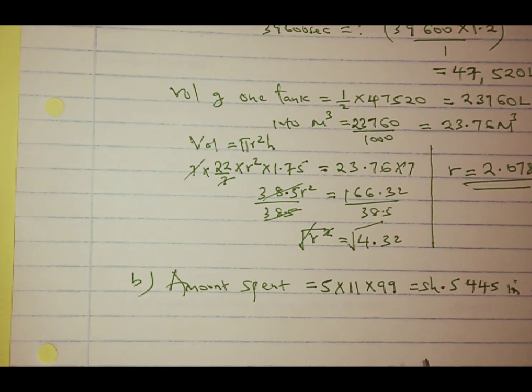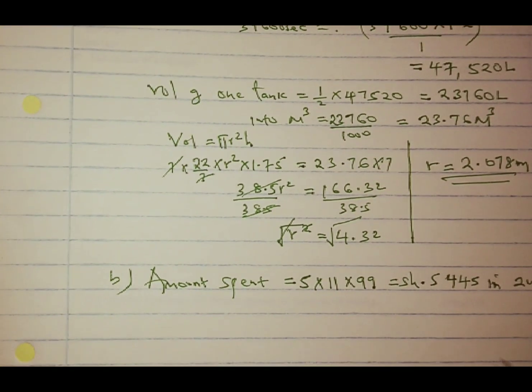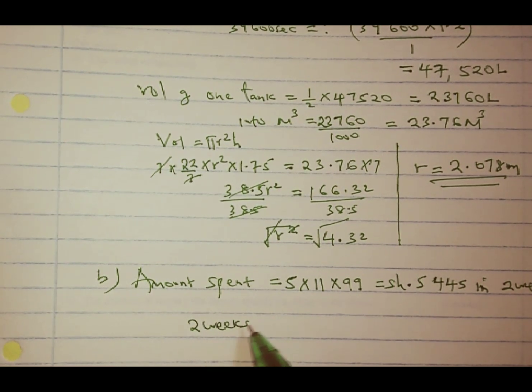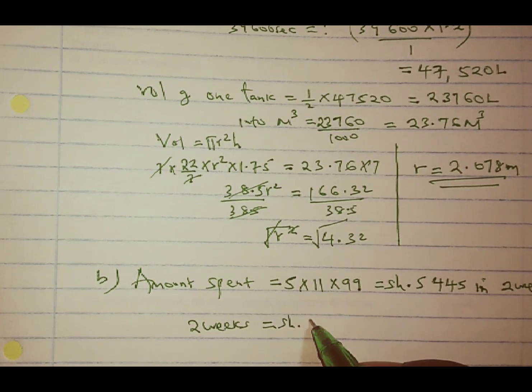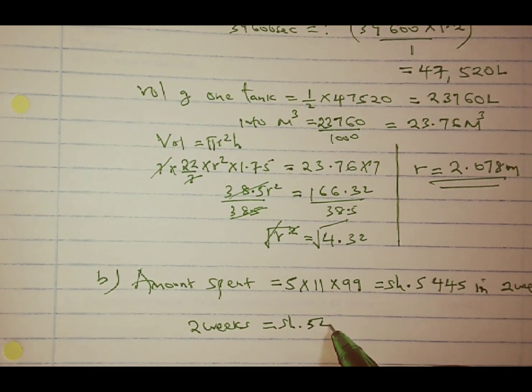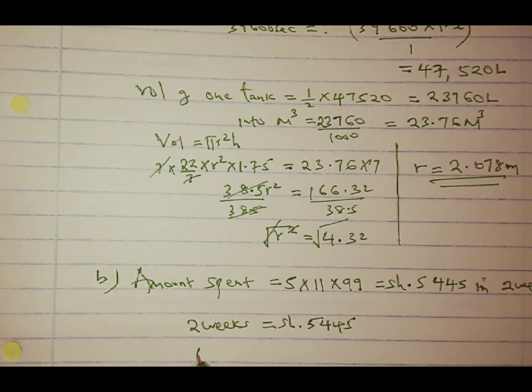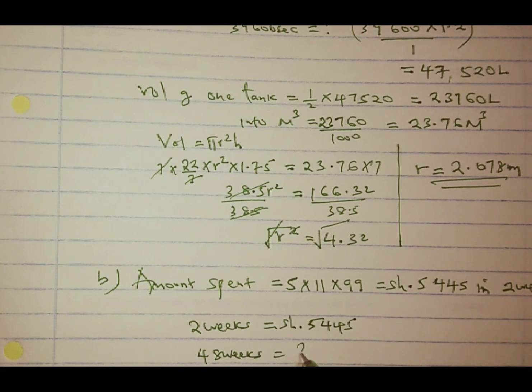But we need to calculate the amount spent for a total of 48 weeks. So in 2 weeks, we are spending Kenya shillings 5,445. What would be spent in 48 weeks?